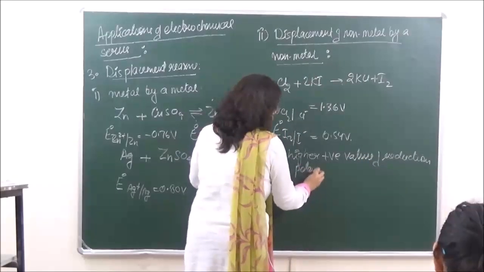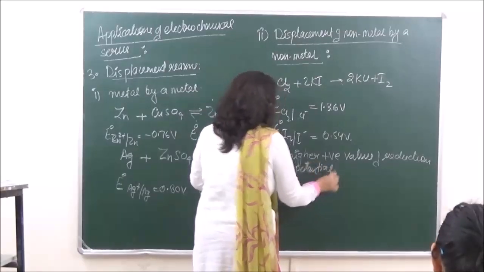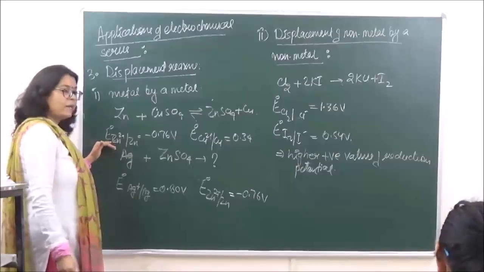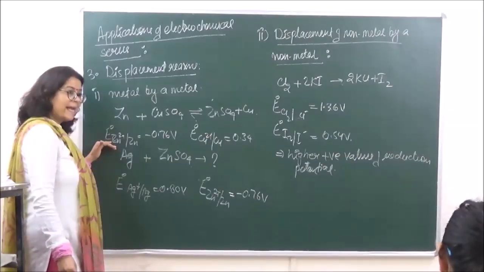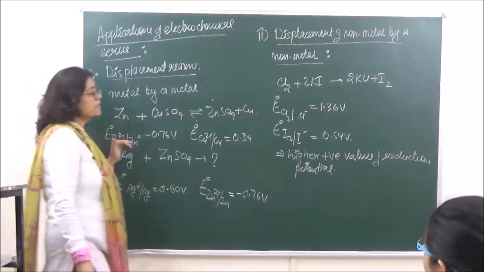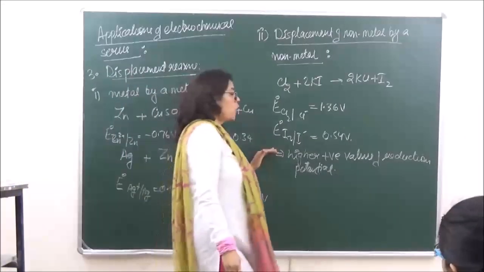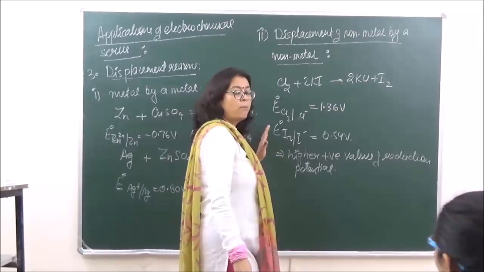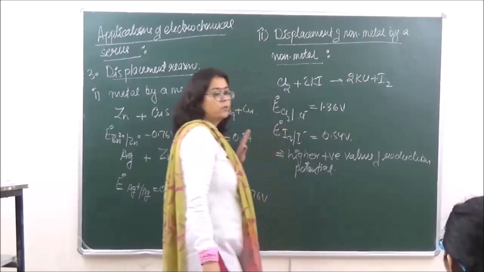Have you understood the difference between the two now? When we are talking of metals displacing metals, the value of the reduction potential should be more negative for the metal to displace, while if we are talking of non-metals displacing non-metals, then it should have the higher positive value of reduction potential.